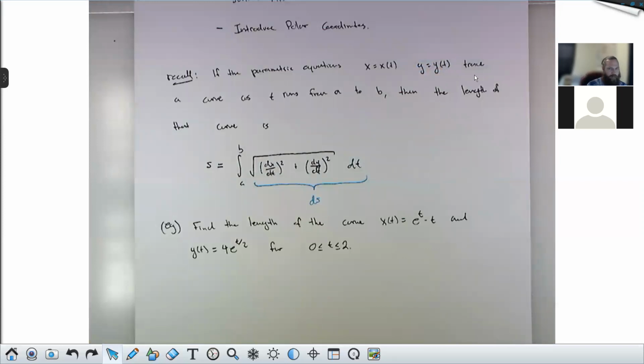According to the formula above, I just need to do this integral, which means I need dx dt and dy dt, which are the regular t time derivatives of this thing, and the derivative of this thing.